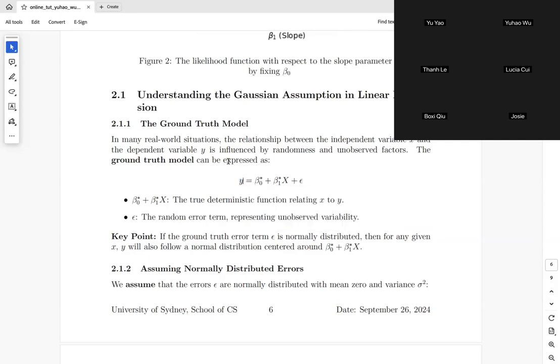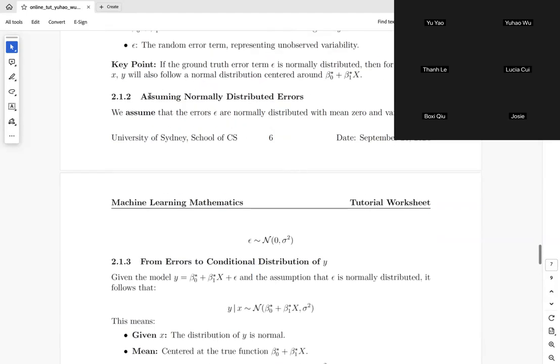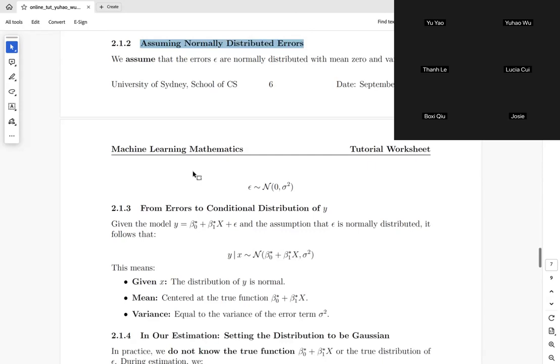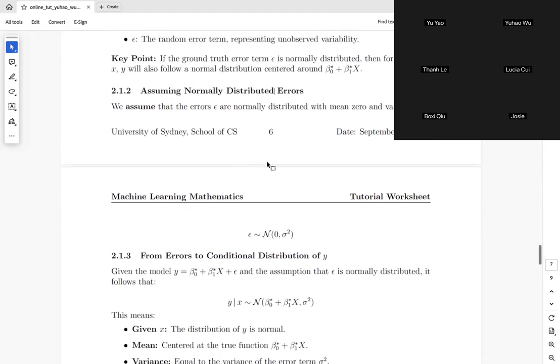Because in the ideal or optimal situation, these two things are all from the normal distribution. So we can make this assumption and optimize this model. Okay, for assuming the normal distribution, we will review the process of the assumption in linear regression.